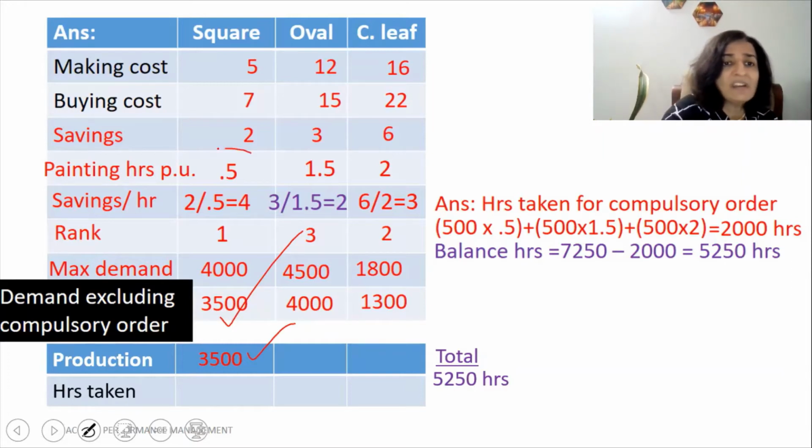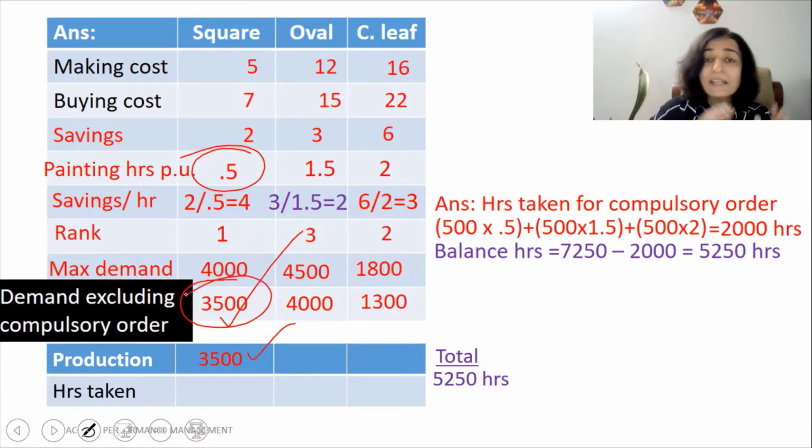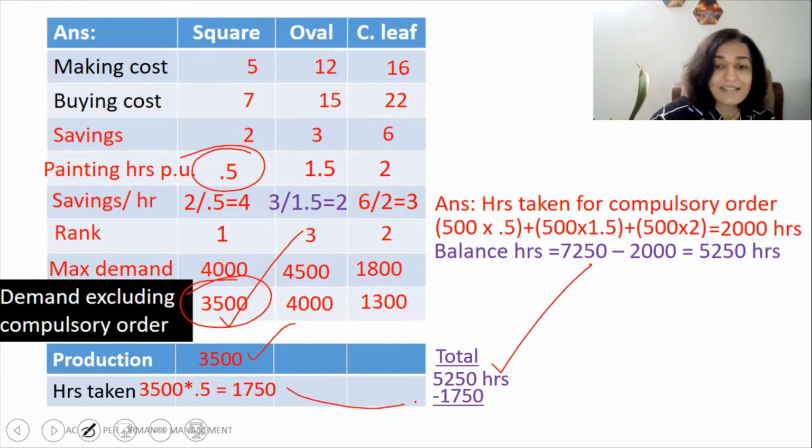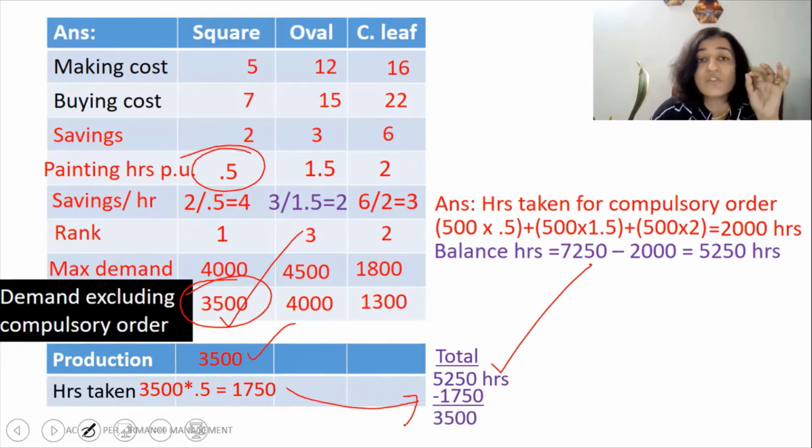For 1 unit, it takes 0.5 hours. So for 3,500 units, it's 3,500 into 0.5 or 1,750 hours gone. So we have to reduce 1,750 from the total. So I'm reducing 1,750 from the total hours. So balance hours left is just 3,500 hours.